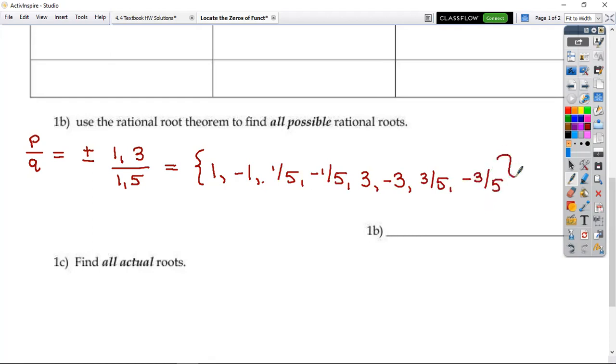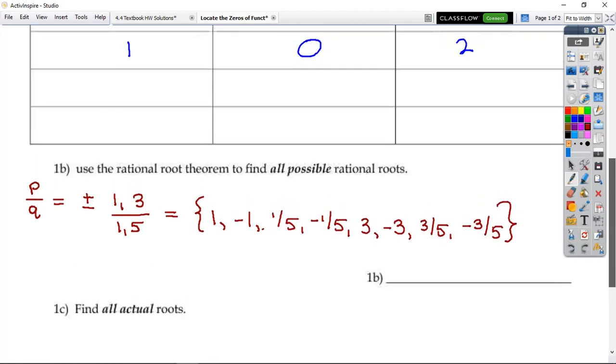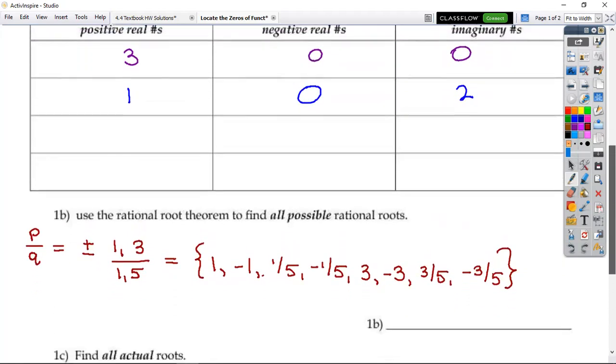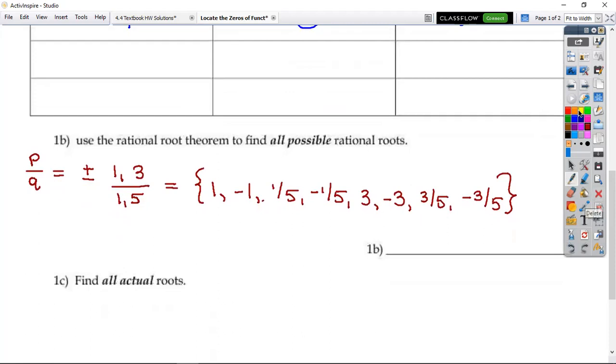Okay. So again, if you did not have a graphing calculator to look at your graph and figure out which ones work, you would now look at Descartes and you would say, what can I eliminate? So with Descartes, we, I believe, got no negatives, correct? No negatives. So I would be able to take this list and I would say, don't have to check it, don't have to check it, don't have to check it, and don't have to check it.